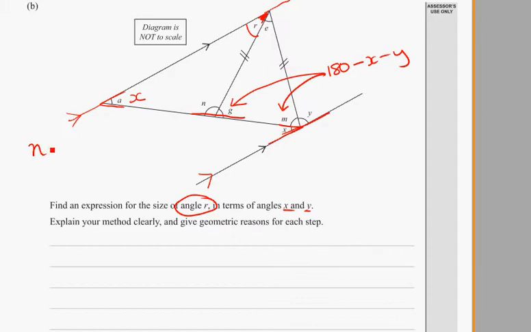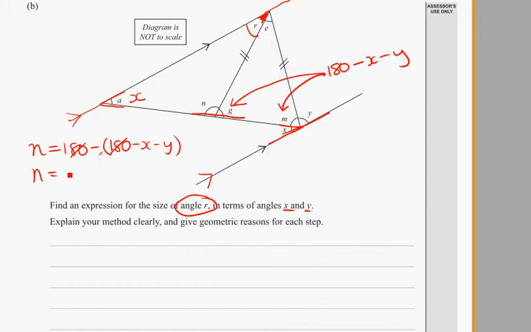Now an expression for N would be 180 minus G, and that there is our expression for G. So 180 minus 180, they'll cancel out. Now I've got two minuses there, and of course we're multiplying. You can think of this as -1.